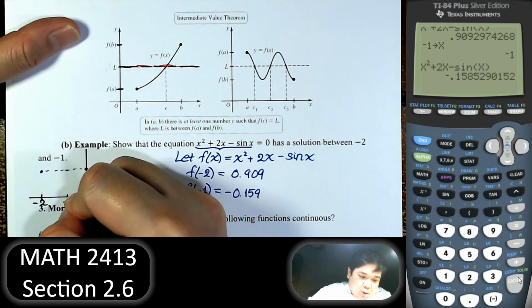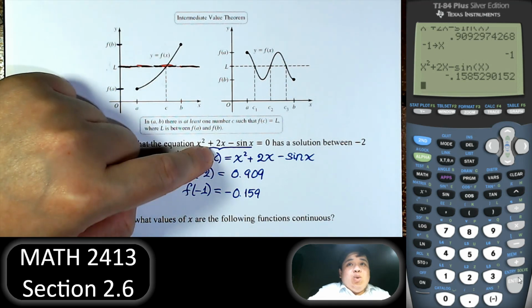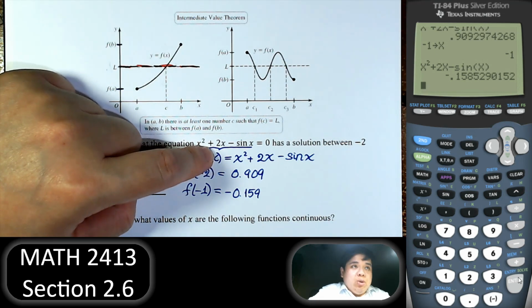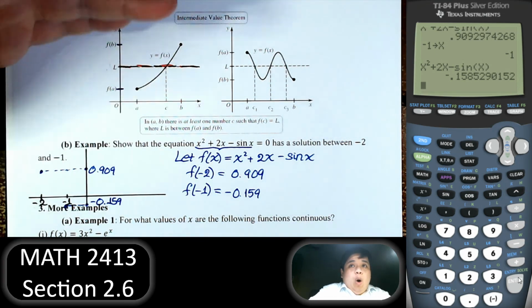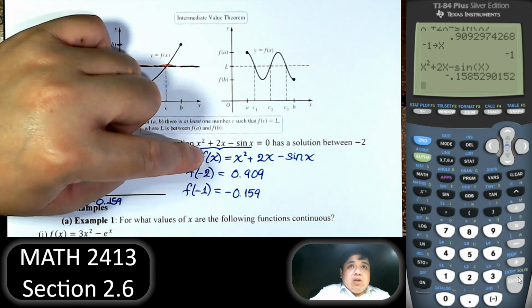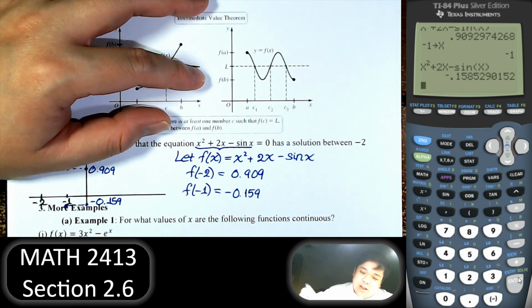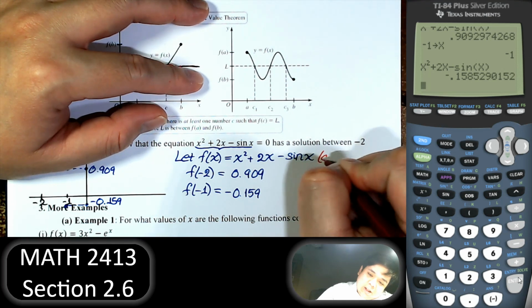So between this point and that point, x squared plus 2x, a polynomial function, is continuous. Sine and cosine functions are continuous everywhere. So this function f of x is continuous everywhere.